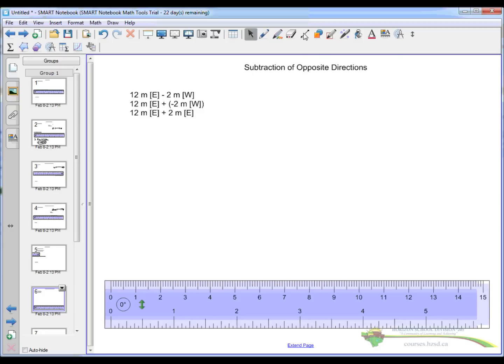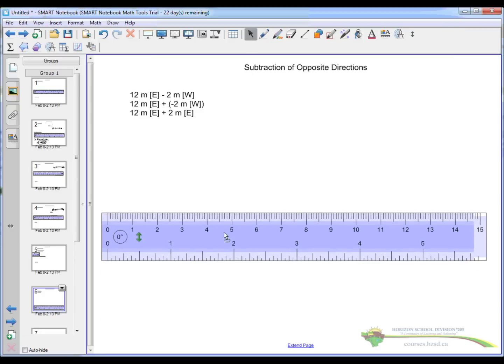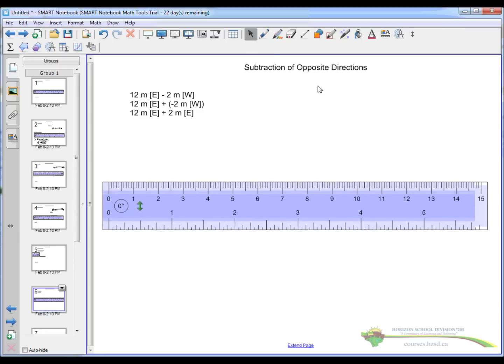So we grab our ruler, pull it up. We need to define our directions, west and east. We also need to define a scale for this one.